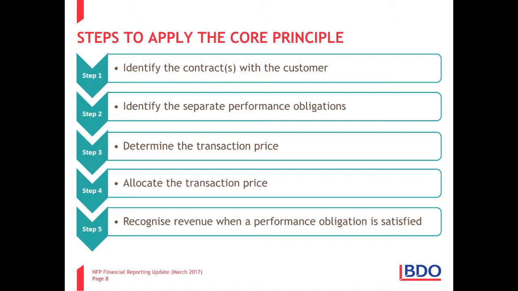So the steps are: identify the contracts; see what are the different promises within the contract, step 2; then determine the transaction price; allocate the transaction price to the different performance obligations or the different promises. And in step 5, when do we fulfill the performance obligation? When do we perform our promises? And that's when we recognize the revenue.